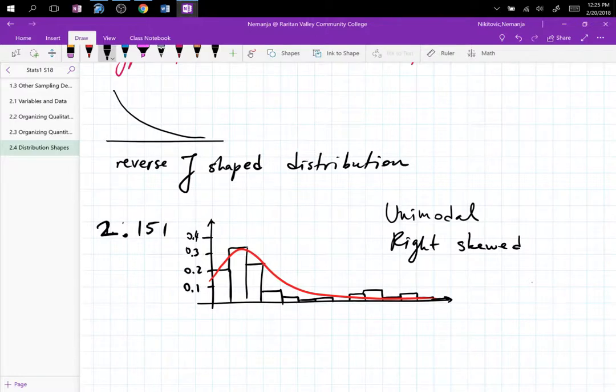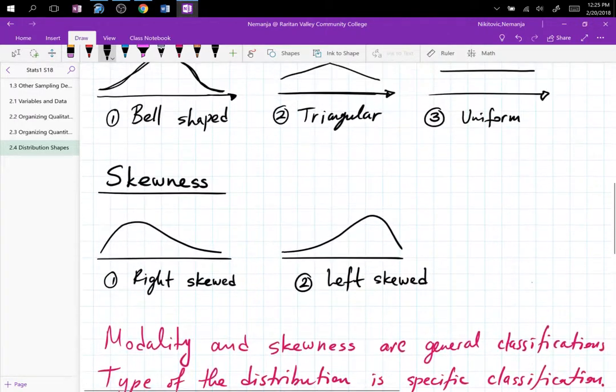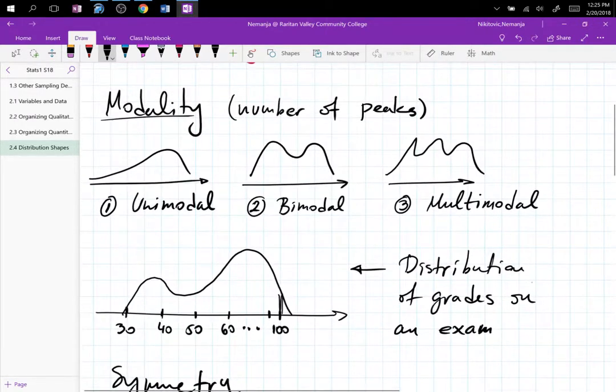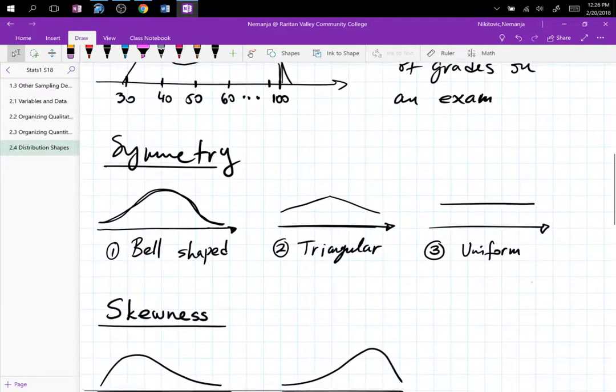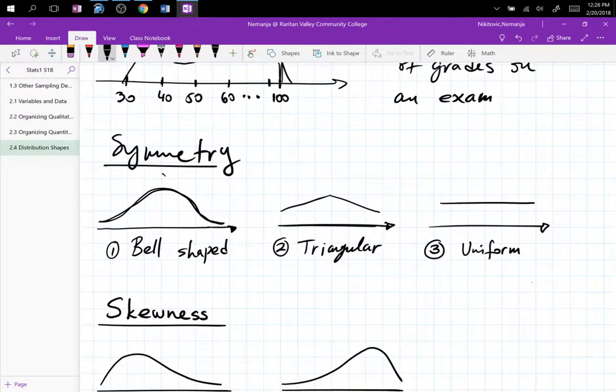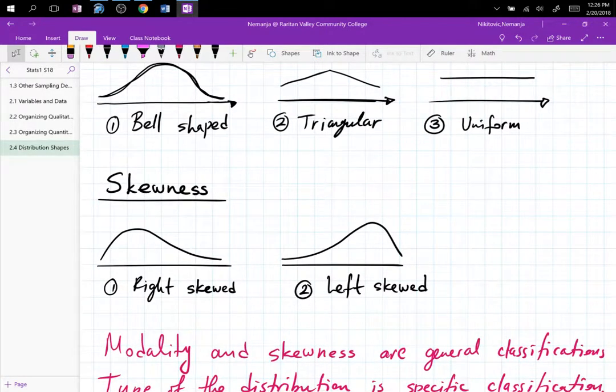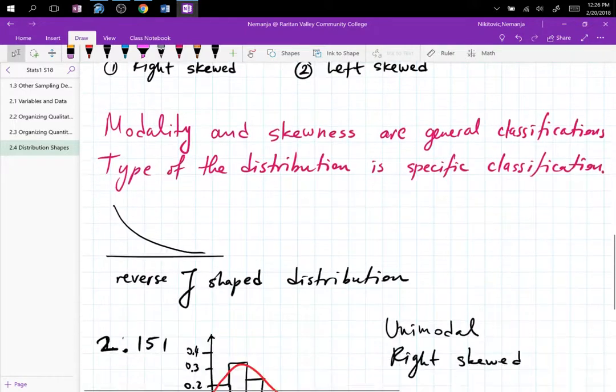That's the distribution. So you draw this line, and then you look at that line against what we discussed earlier. Unimodal, 1 bump, bimodal, 2 bumps, multimodal, 3 or more bumps, and then symmetry. If you place a mirror, the left side and right side might be identical. Skewness, right? Learn it.